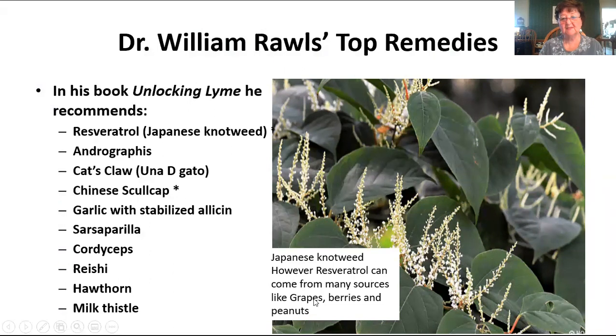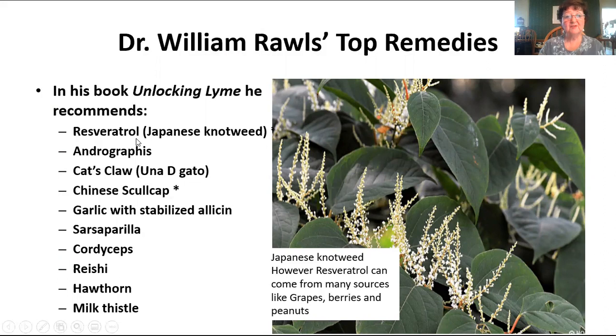This is Japanese knotweed. I don't know that in Michigan I've ever seen this. Maybe some people have, but it's not a familiar plant to me. Apparently it is a noxious weed, so I'm glad we have enough noxious weeds in Michigan. But in Dr. William Rawls' book, Unlocking Lyme, he recommends resveratrol in the form of Japanese knotweed.